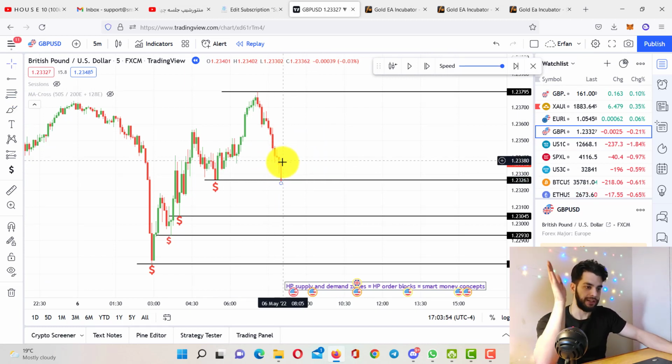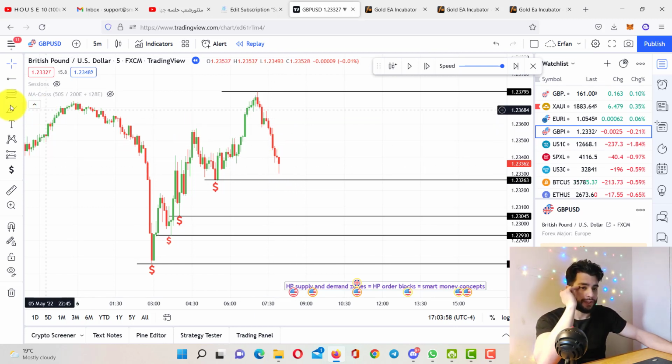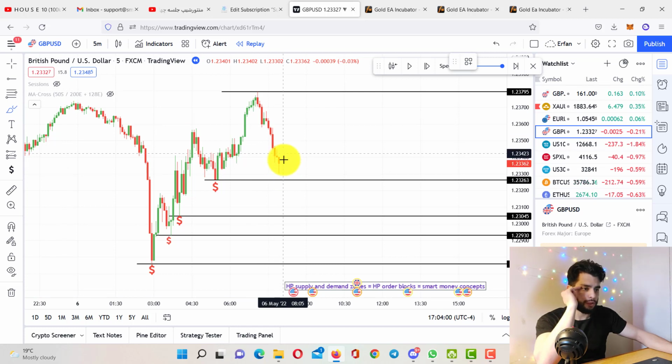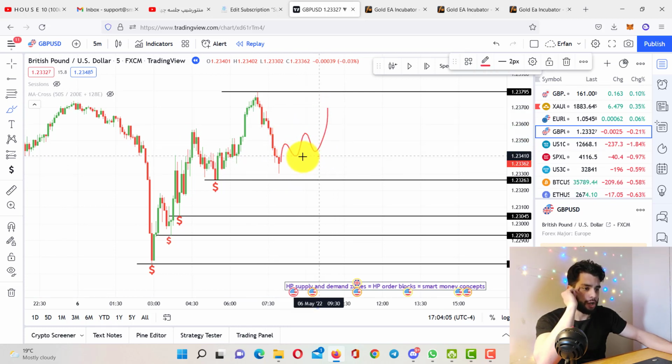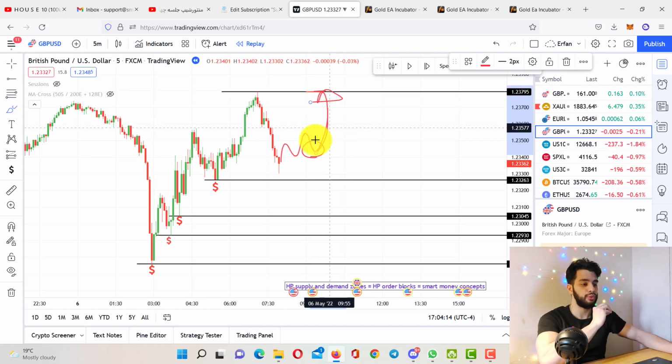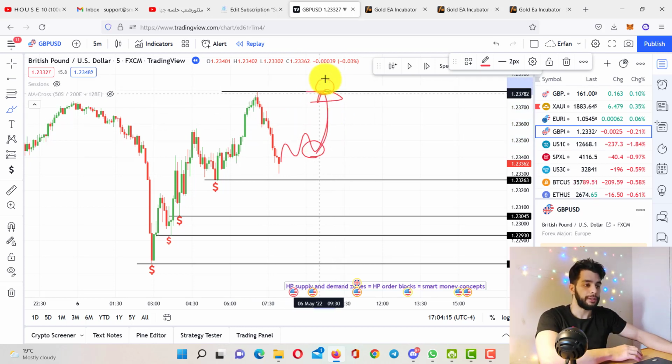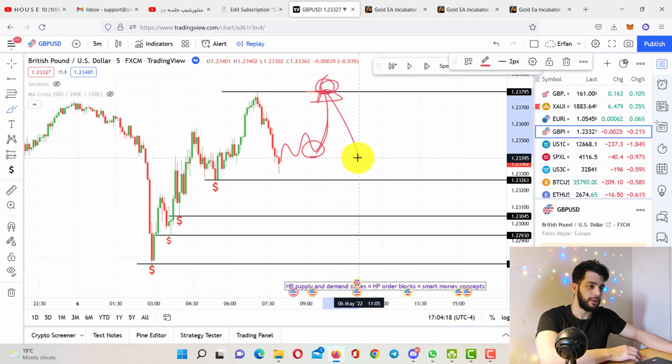I'm not saying just sell it here, no. But your prediction should be, okay, if I see something like this pattern, and I find a high probability order block somewhere around here, I'm going to put my TP here. So I actually close my position here, because this is where banks and institutions are going towards, to grab the liquidity and then come down.